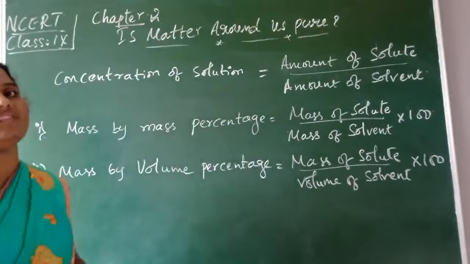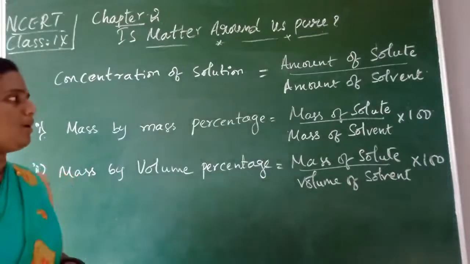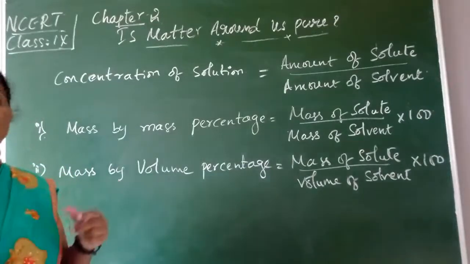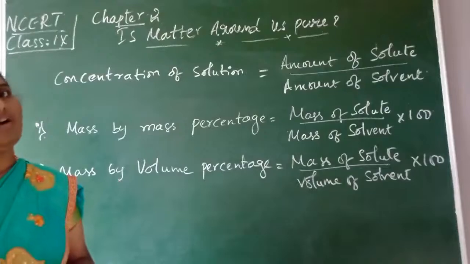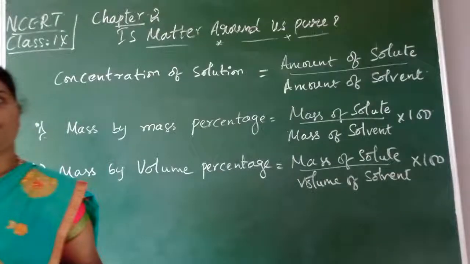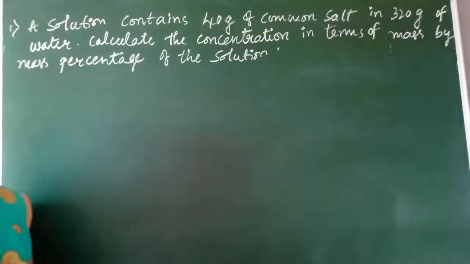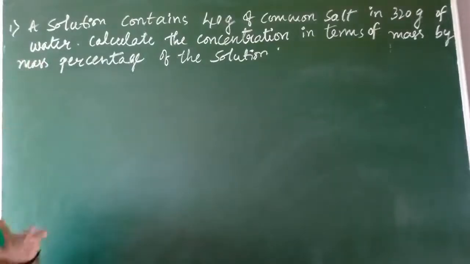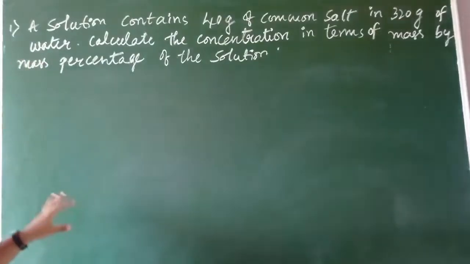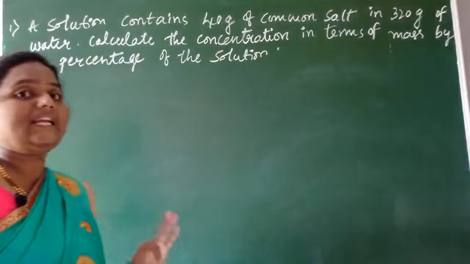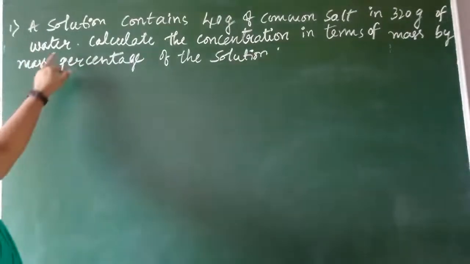Now we will solve a simple problem based upon this concentration of a solution formula. Children, here is our first problem: a solution contains 40 grams of common salt in 320 grams of water.